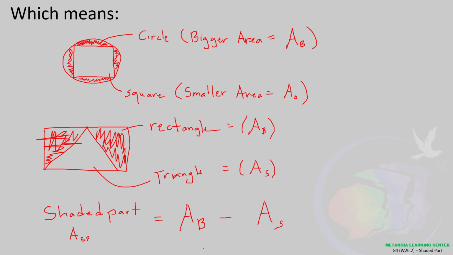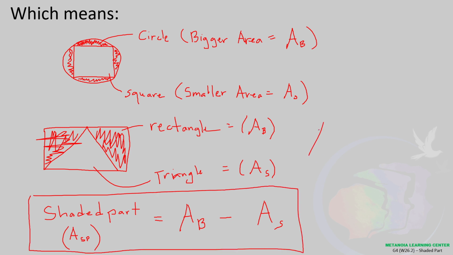So, area of the shaded part, or A small sp, is equivalent to the area of the bigger figure, or the bigger area, minus the smaller area. Okay? So that is how we solve. This is the equation that you're going to make use of.